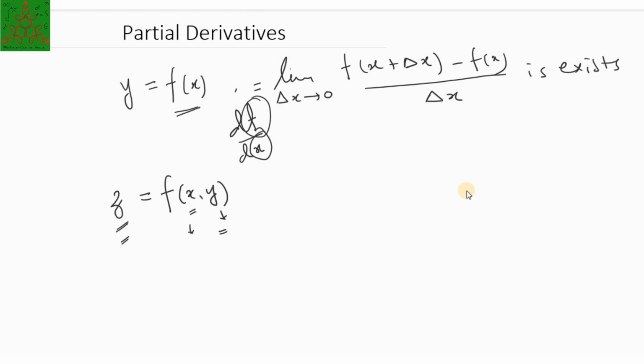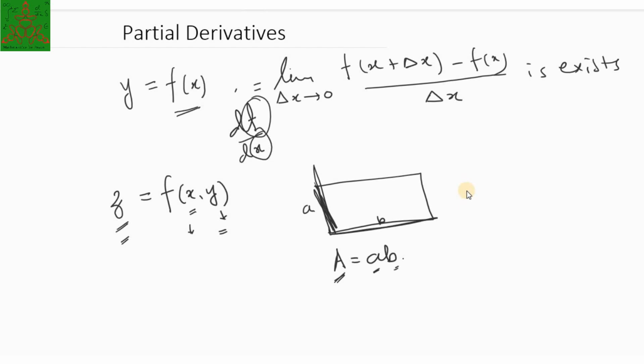For example, if I have a rectangle whose height is a and breadth is b, then the area of this rectangle is a function of two variables, that is a into b. Now if I fix its breadth and vary its height, how much rate of change of area with respect to a will you have, keeping b fixed?